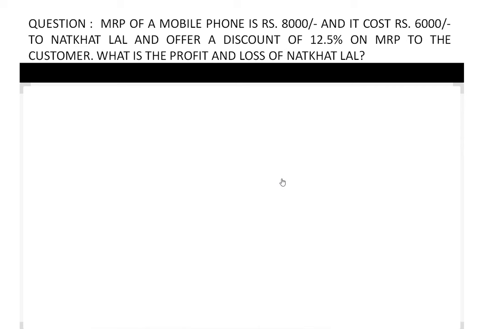As we have done in the earlier question, here a percentage of discount is given. So first of all, we have to write this discount percentage in fractional form. So 12.5% will be 25 by 2 into 1 by 100.